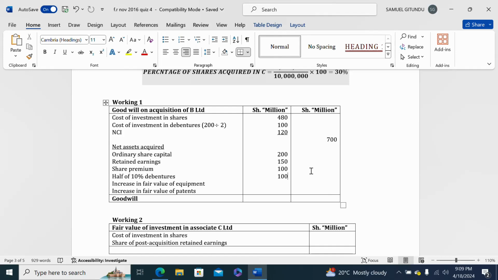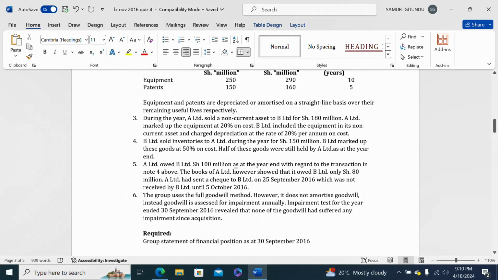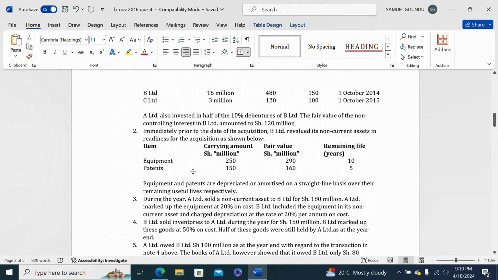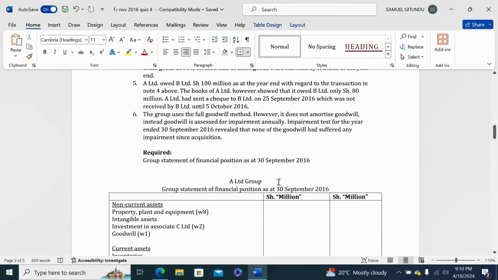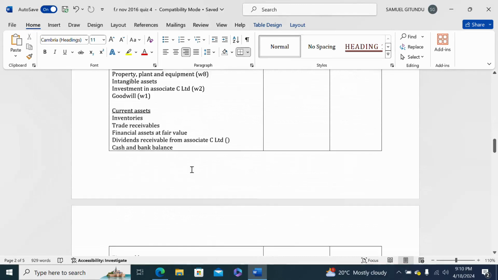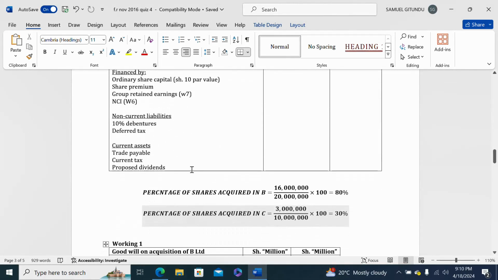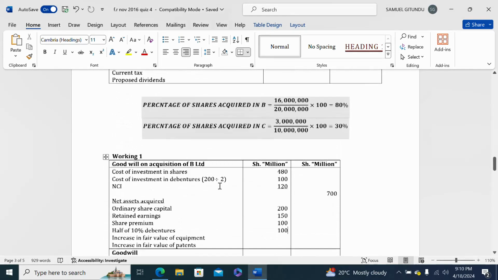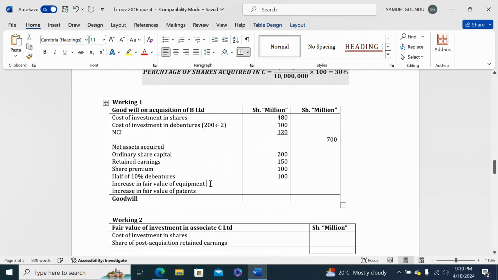Then we go to the increase in the fair value of equipment after the revaluation. The equipment were revalued from 250 to 290. Therefore, the increase there is, let us calculate it here, 290.